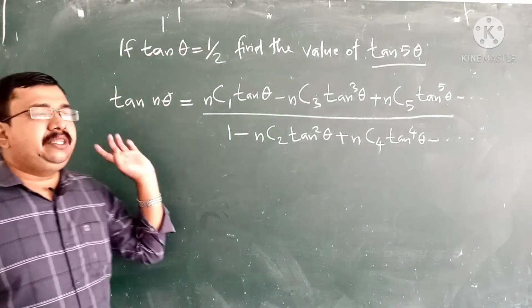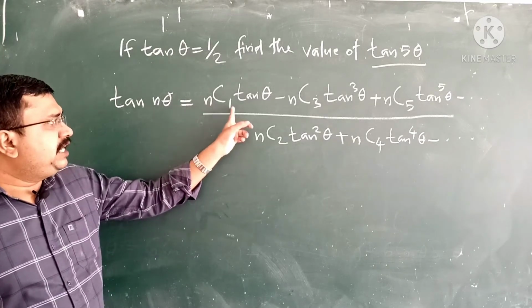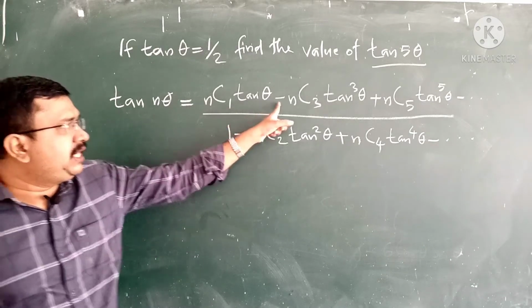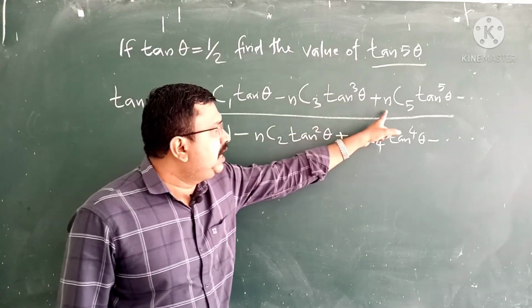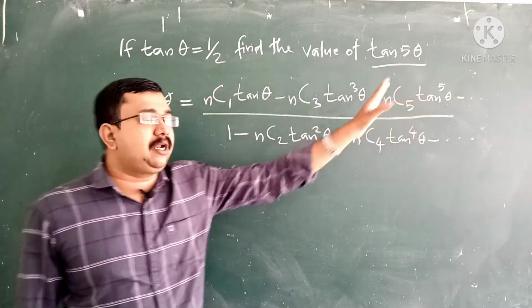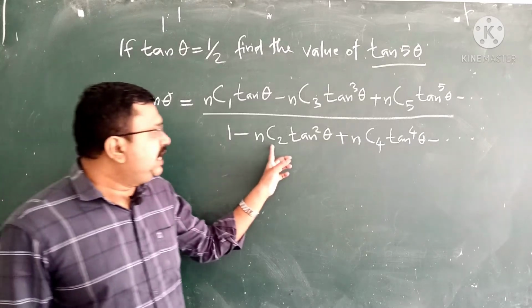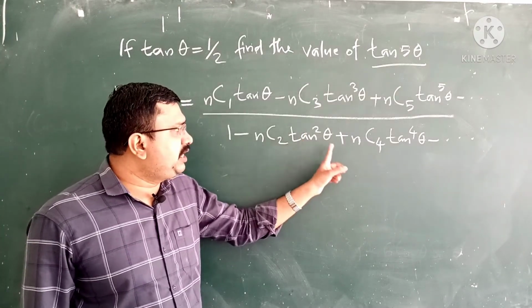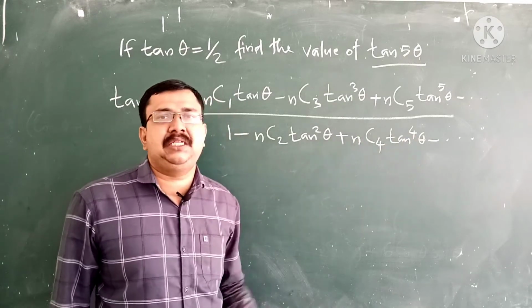Remember that tan n theta is nC1 tan theta minus nC3 tan cube theta plus nC5 tan raised to 5 theta minus etc. divided by 1 minus nC2 tan square theta plus nC4 tan raised to 4 theta minus etc.